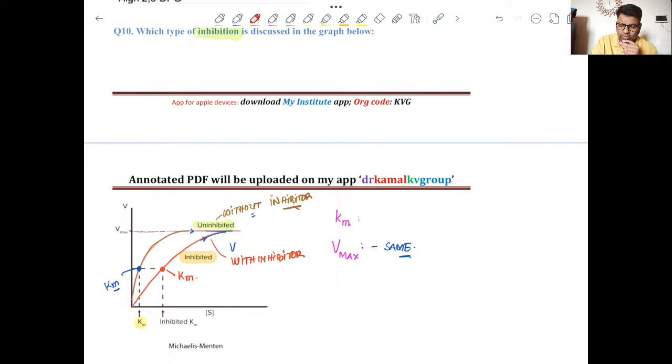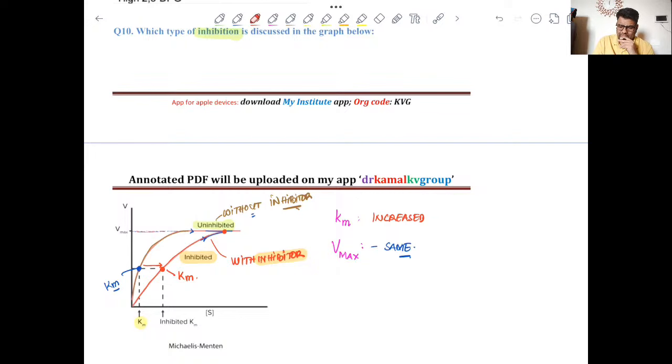Clear? So what we see here is that when there was no inhibitor, Km was less. When an inhibitor was added, Km increased, from this value to this value, but Vmax is same for both, whether inhibitor is there or not.